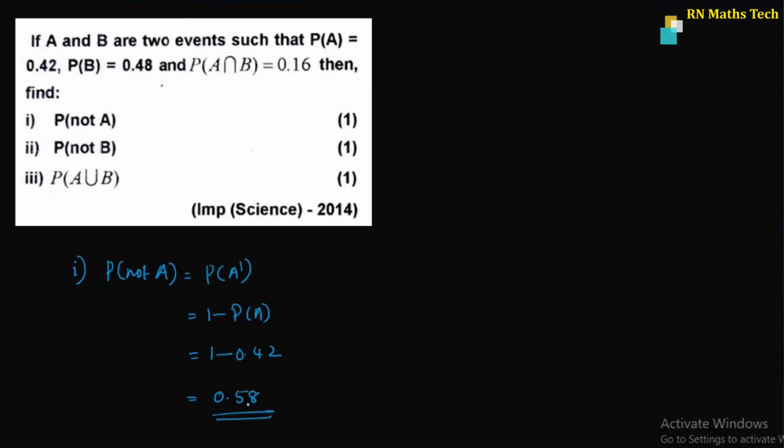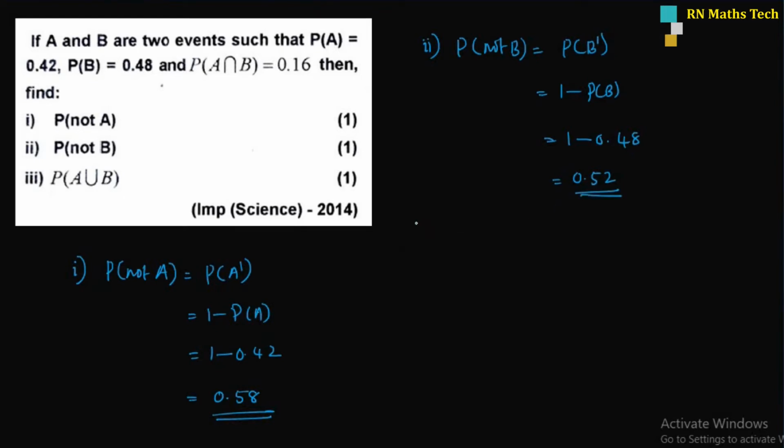Okay, first one. Now second one, P of not B. P of not B is equal to P of B dash, that is 1 minus P of B, 1 minus 0.48, that is 0.52.